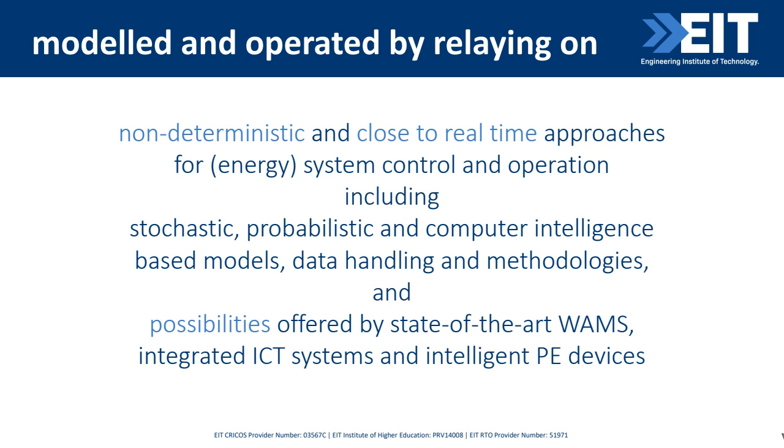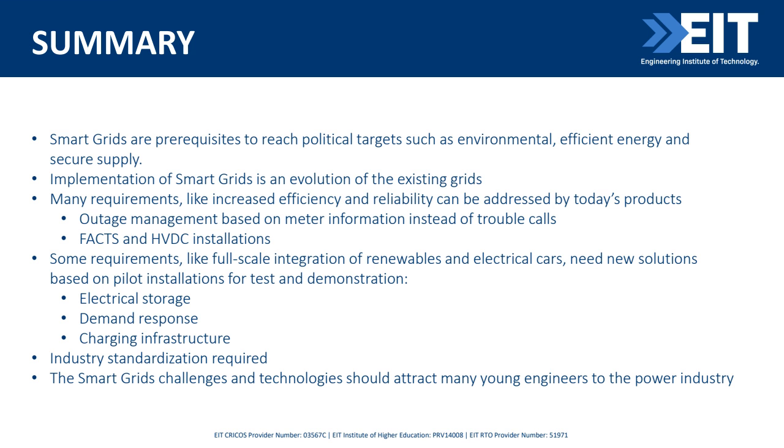That means stochastic, probabilistic, and computer intelligence-based models, which can handle data and methodologies and possibly offer us state-of-the-art VAMs, integrated ICT systems, and very intelligent PE devices. So, in summary, what I have talked about today is that smart grids are prerequisites if we want to solve our environmental problem, energy efficiency problem, and secure supply.